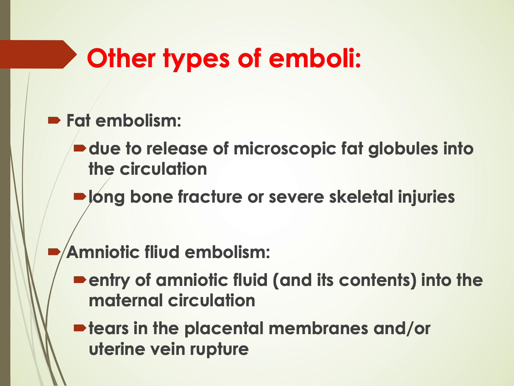So during pregnancy, part of the fluids or tissues surrounding the fetus enter the circulation of the mother, and this happens due to the presence of a site of rupture in the uterine veins or a tear in the placental membranes, and this will result in movement of this amniotic fluid and its content in the circulation, resulting in tissue dysfunction or infarction.